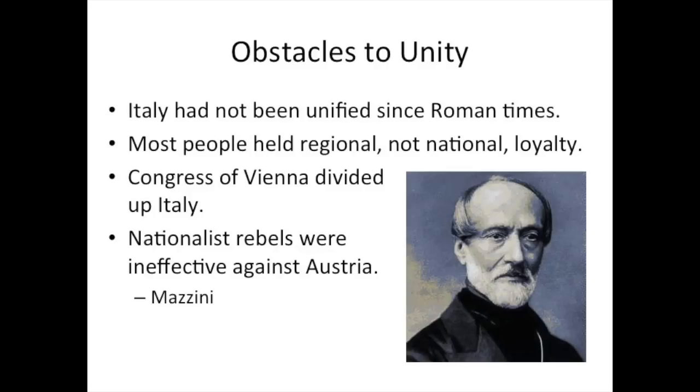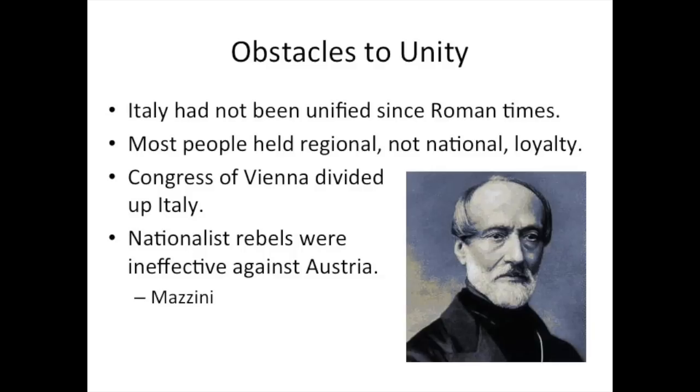You know, people of Florence considered themselves Tuscans, and people from Venice were Venetians, and the people of Naples considered themselves Neapolitans, which, by the way, is a delicious ice cream. But so there wasn't really this national loyalty that other places had.